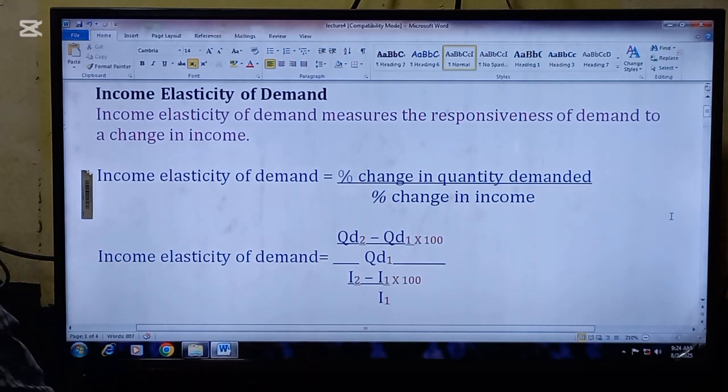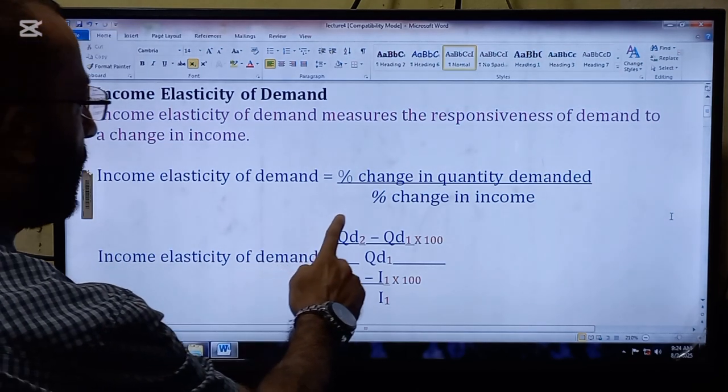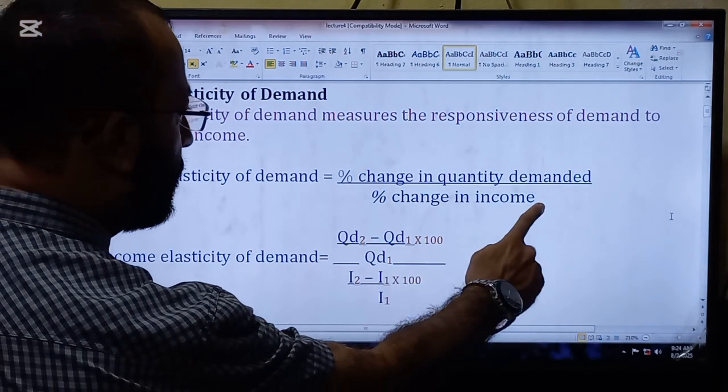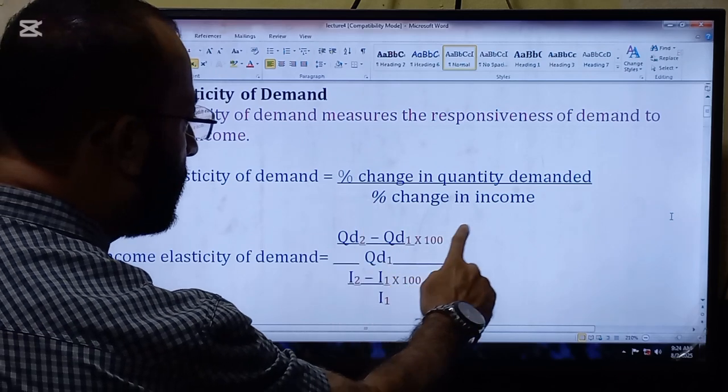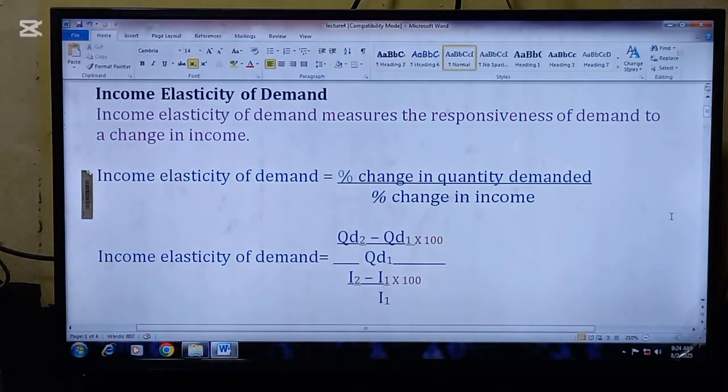And here is the formula. Income elasticity of demand is equal to percentage change in quantity demanded over percentage change in income.